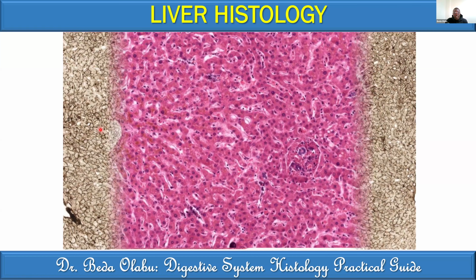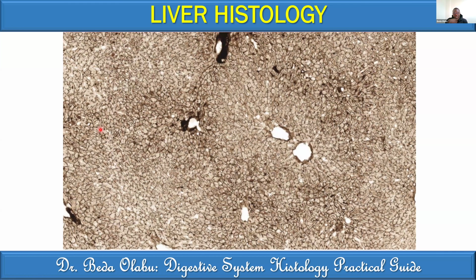Now, the hepatocytes of the liver, the cells of the liver, are surrounded by some other delicate framework of connective tissue, specifically collagen type 3, the reticular fibers. And this image shows us a special stain for reticular fibers.